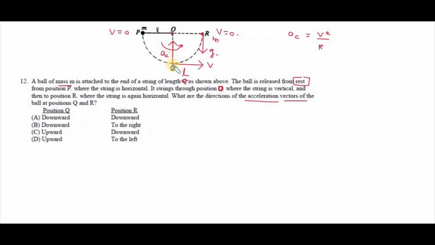You can ask about the gravitational acceleration at Q. Definitely at Q there is gravitational acceleration downward, but the net acceleration is radially inward. So the direction of the net acceleration is upward. At position Q the acceleration is upward, so it is either C or D. Now let's check the options for position R. At position R there is only gravitational acceleration, so it is downward. So the option is C.